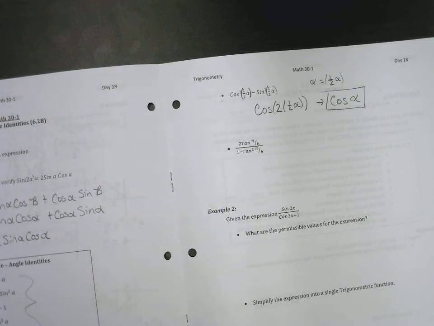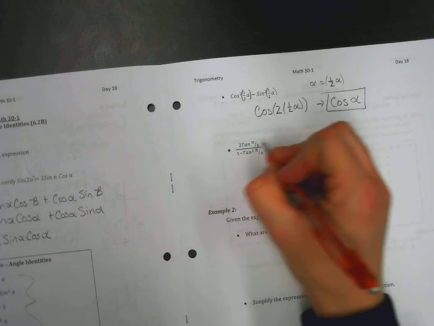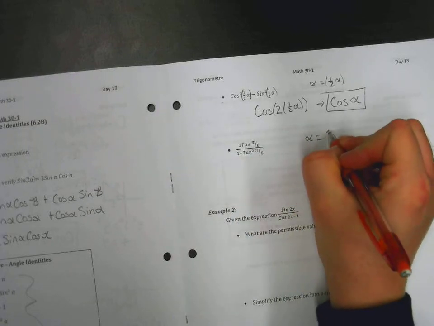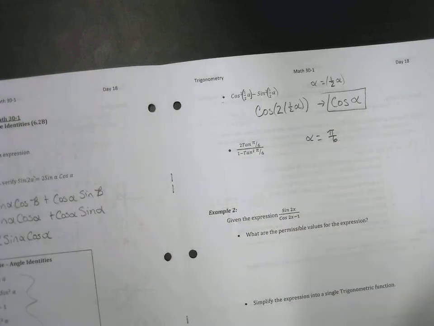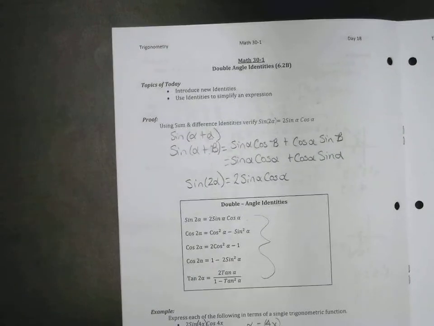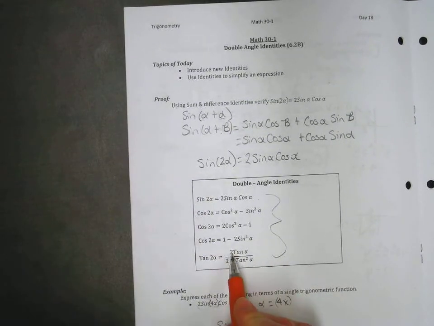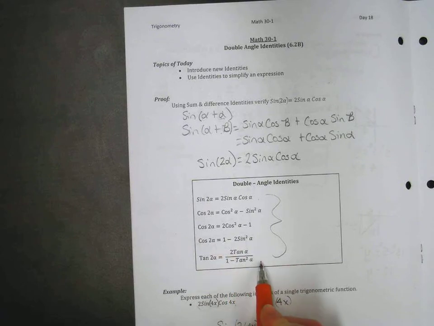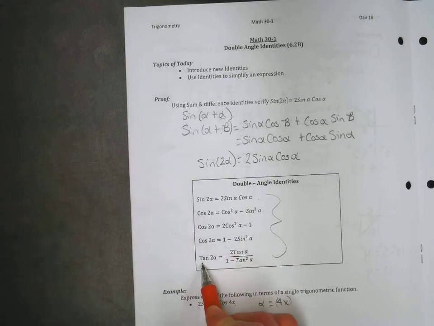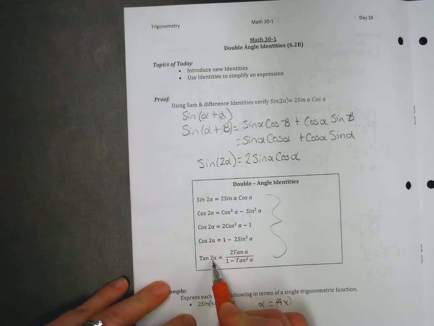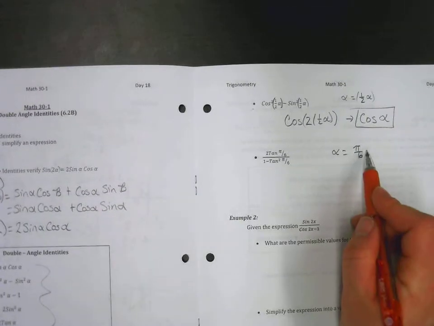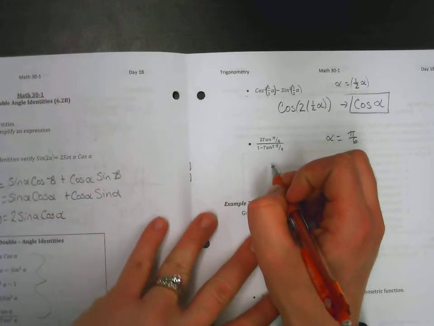And then alpha in this case would represent pi over 6. So 2 tangent of alpha over 1 minus tan squared of alpha is equivalent to tan of 2 alpha. So in this case, my angle would be pi over 6.